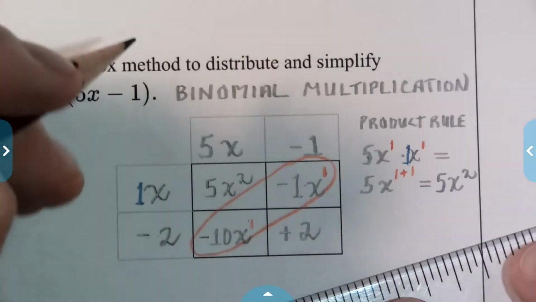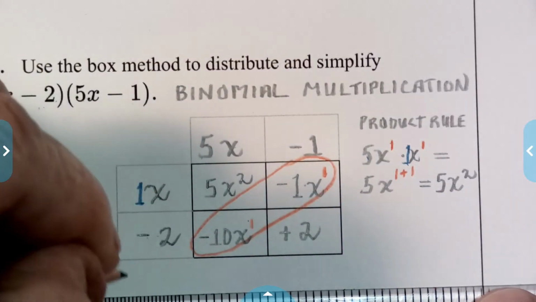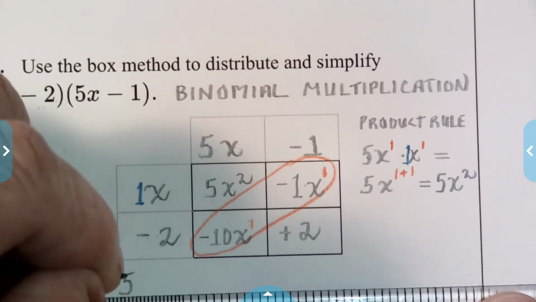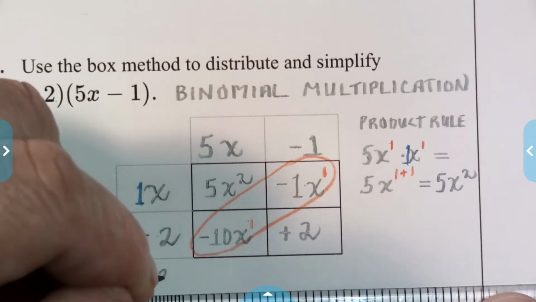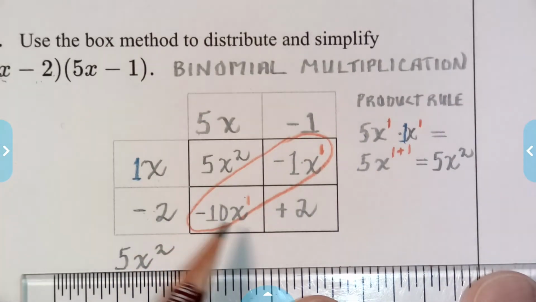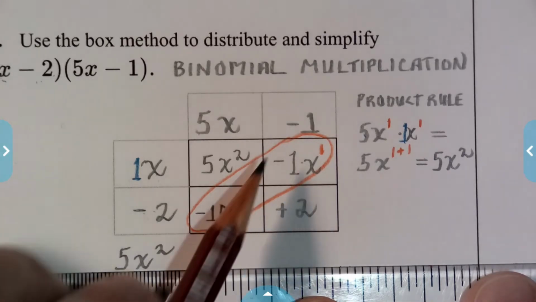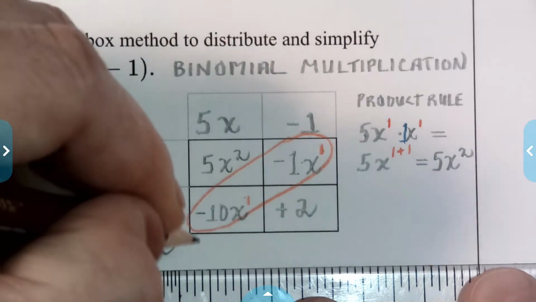So when we write out our final product, we'll write 5x squared. We always lead with the highest exponent term. And now we've got to figure out what this is going to be. Negative 10x plus negative 1x is negative 11x.